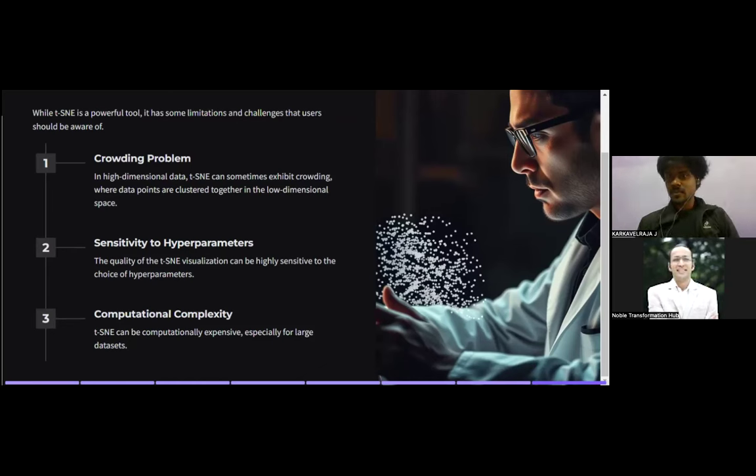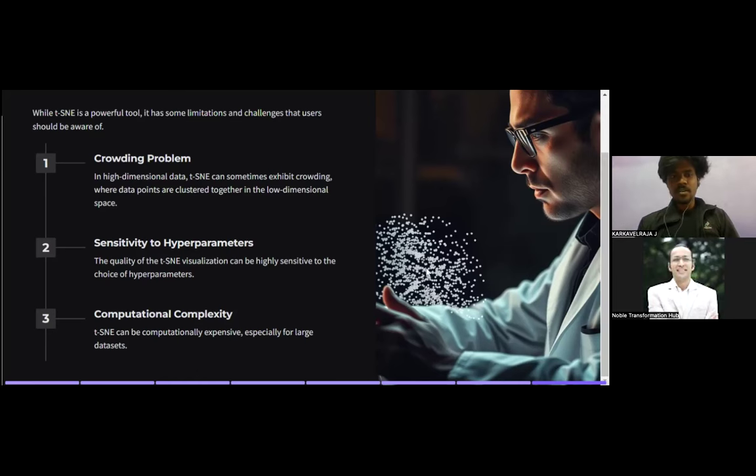If the data set is large and non-linear, it can be heavy and computationally expensive, so that complexity will always be there. So let's move to the other section.